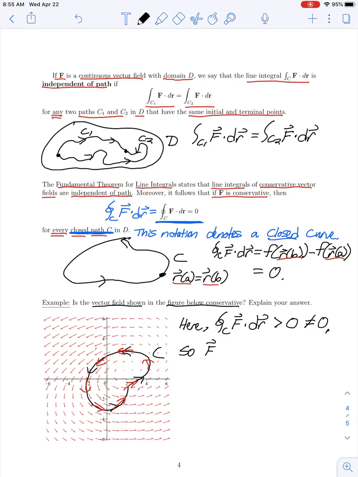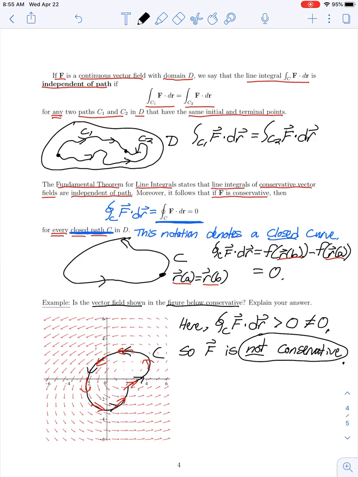So here, since we have a line integral which would be non-zero, F is not conservative. It would contradict the fundamental theorem for line integrals if this were conservative.